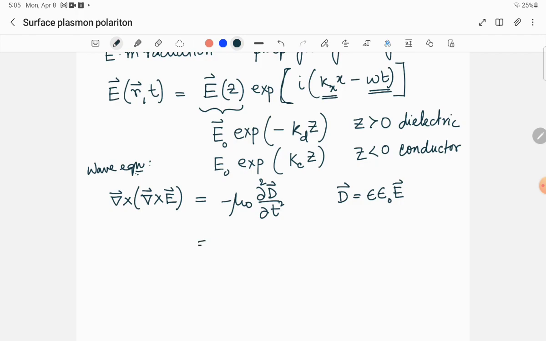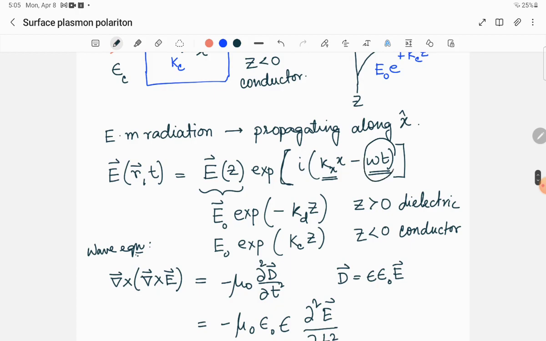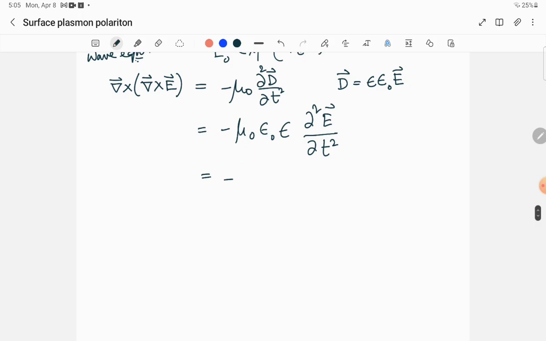Now, once we substitute this in this equation, we have minus mu naught epsilon naught epsilon del square E by del t square. And from the form of the electric field that we have used, the time derivative will show up in this omega. So what we have is 1 by mu naught epsilon naught can be substituted by 1 by c square. We have an epsilon left, and the time derivative gives you i omega square E.